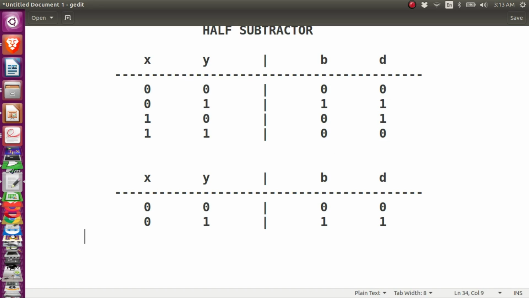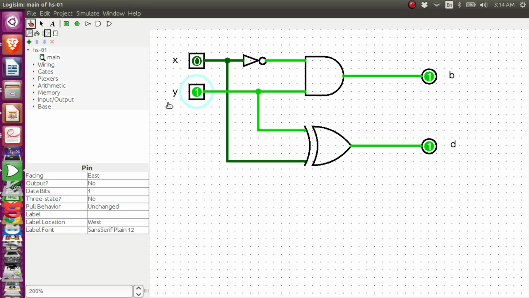And when I give the input 1 0, the logic circuit that we have constructed gives us the output 0 1.